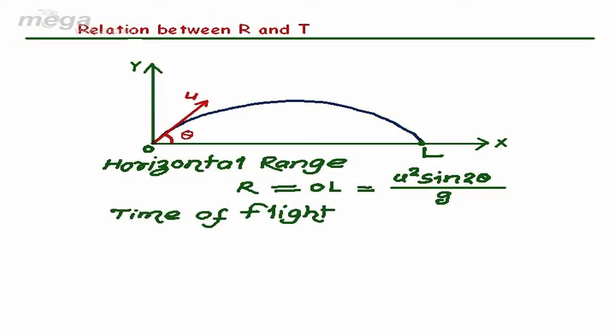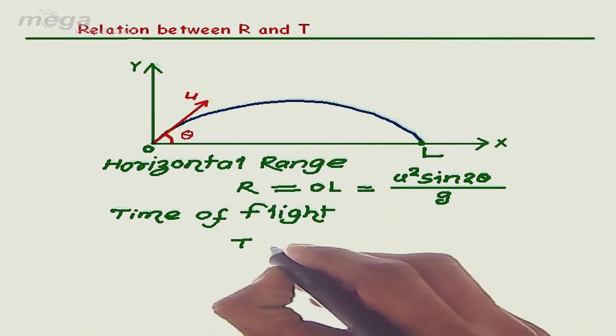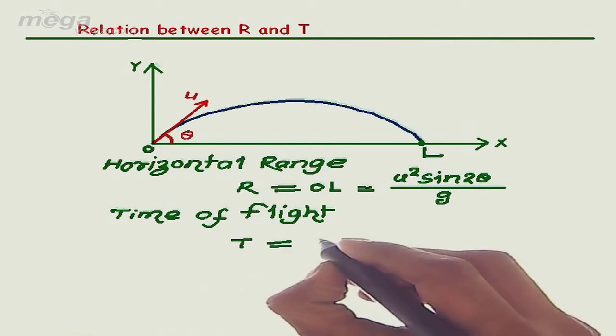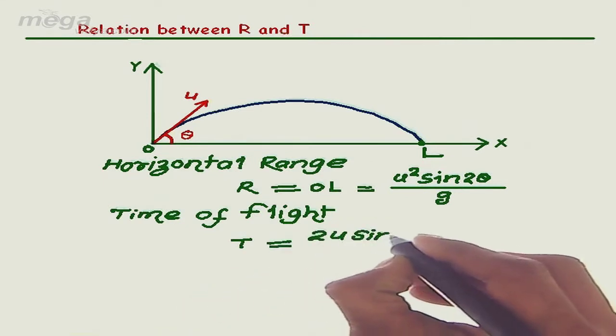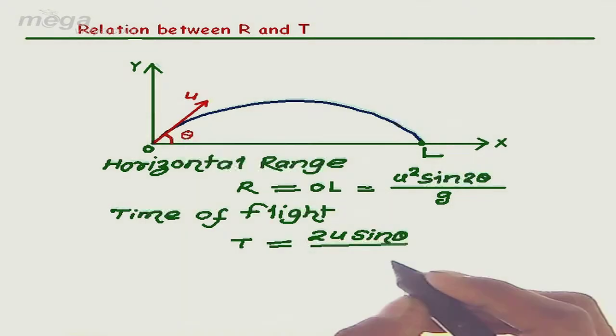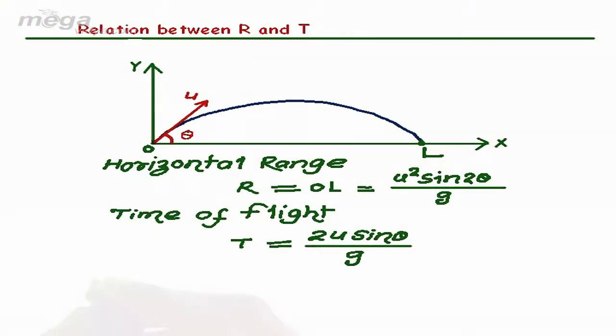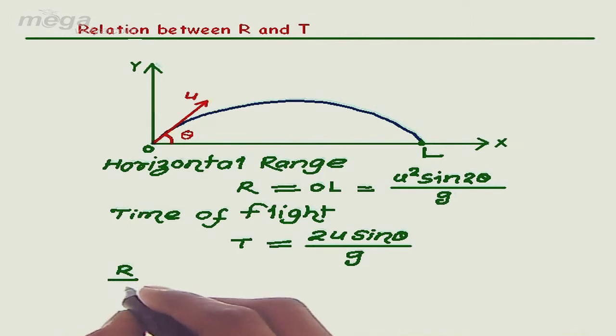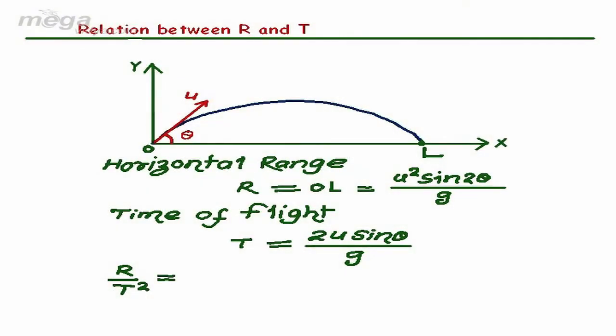Time of flight in traveling from O to L can be given as T, which has the value 2u sine theta divided by g. Here if we find R upon T square, then it becomes g upon 2T sine theta.